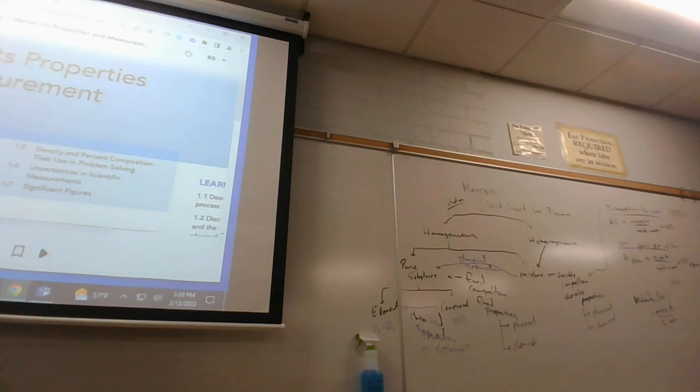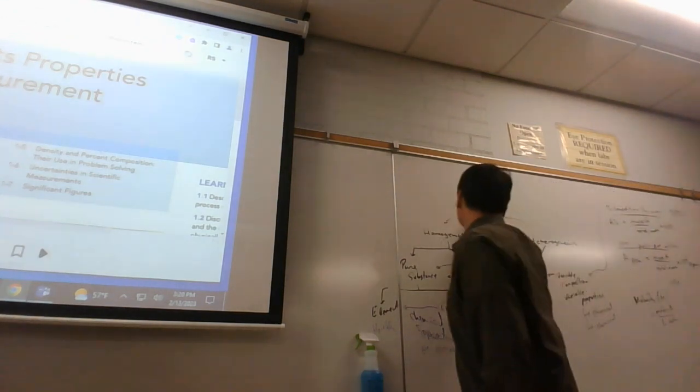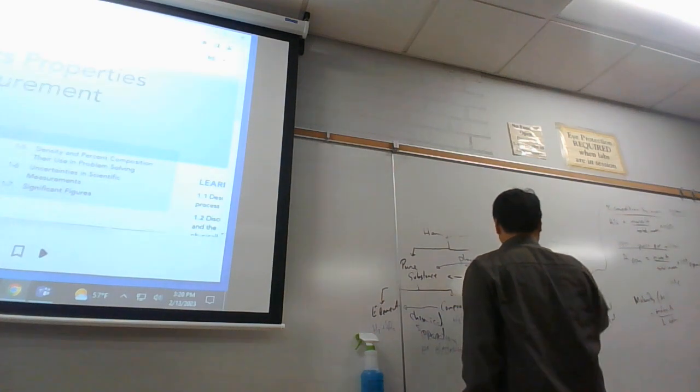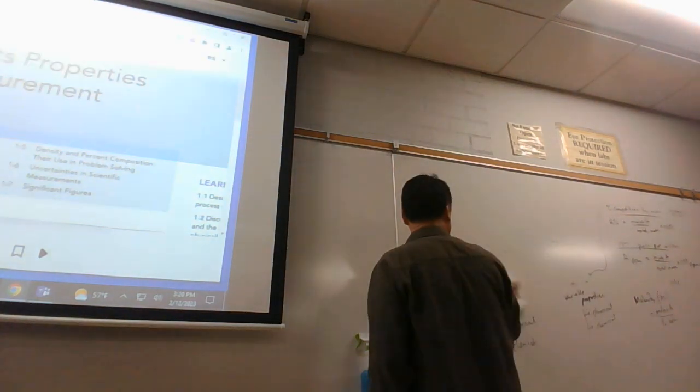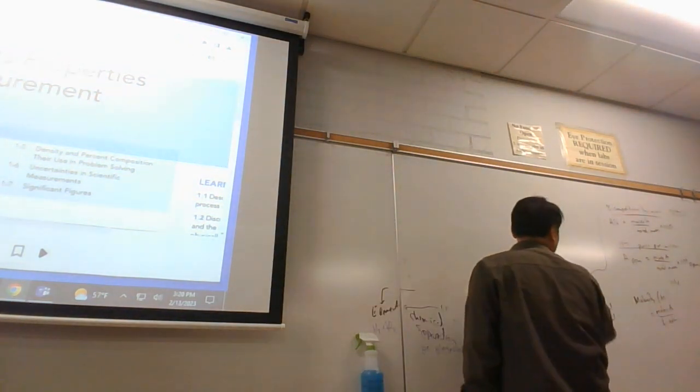And so the SI unit is kilograms, but we usually use grams. And so we need to know some metric prefixes. What metric prefixes should we know? We'll start off with big and then go small. What's the biggest metric prefix? Not the biggest literally, but what's the biggest one you should memorize?